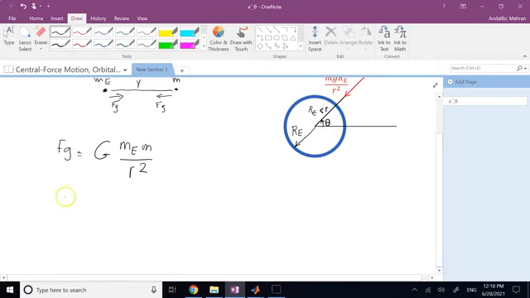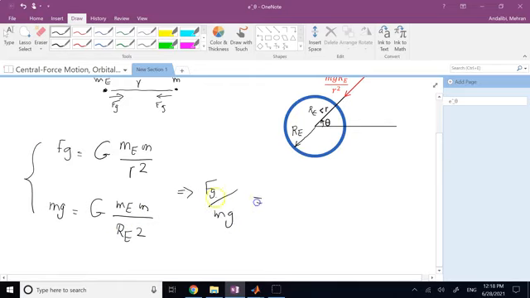Now at the surface of the Earth, this gravity force is mg in magnitude. It's equal to G times me times m divided by radius of the Earth squared. And if you compare these two or divide them, you'll see the gravity force divided by mg is equal to what?